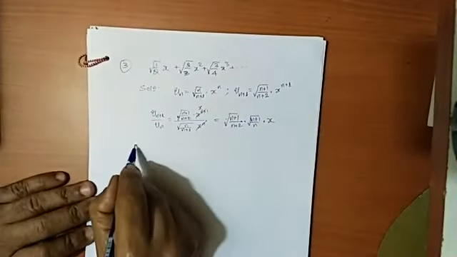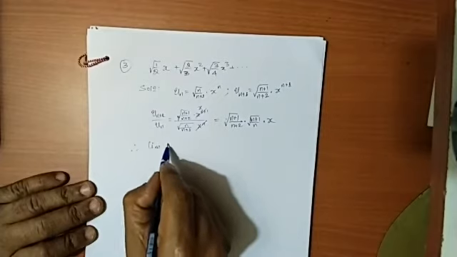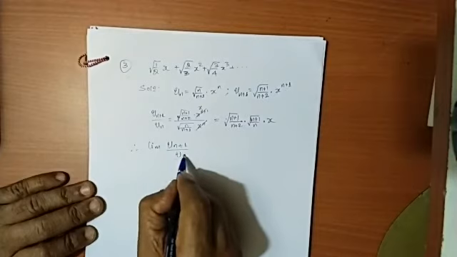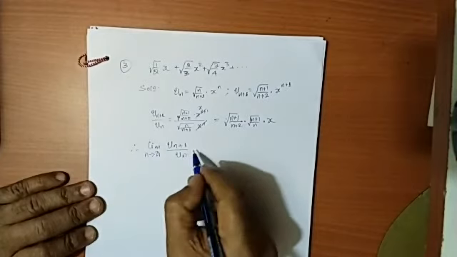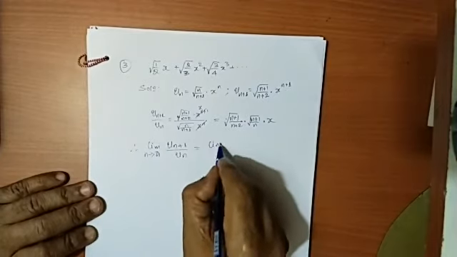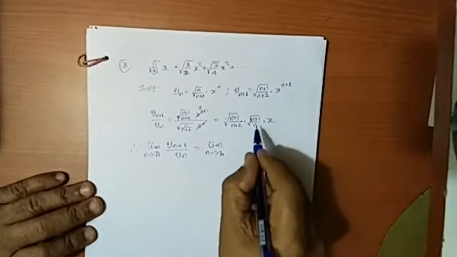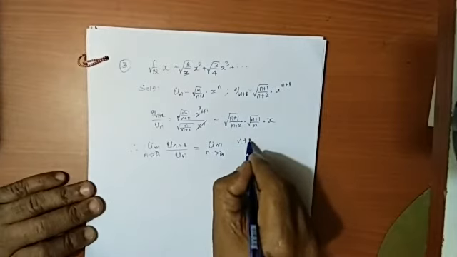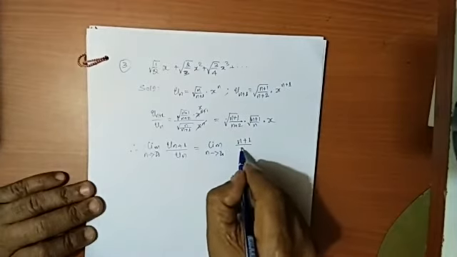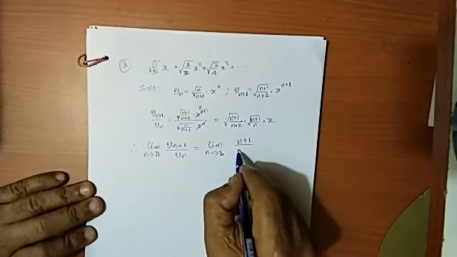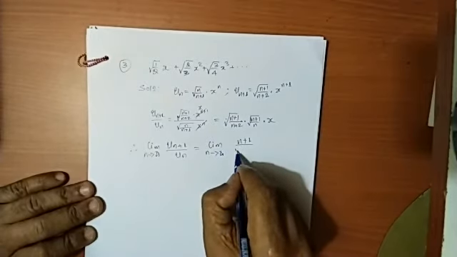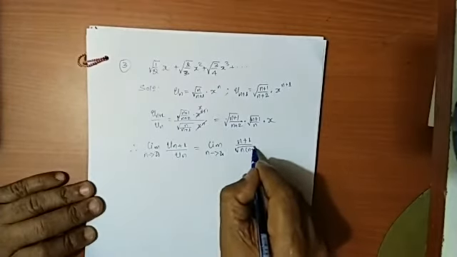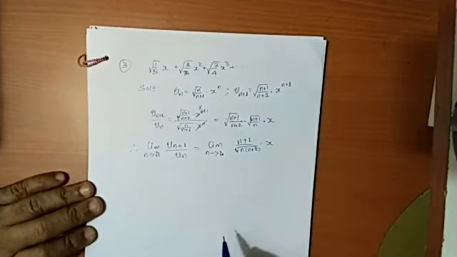Therefore, limit un plus 1 over un as n tending to infinity will be equal to what? Limit as n tending to infinity, root of n plus 1 into root of n plus 1 by root of n into root of n plus 2 times x, right?